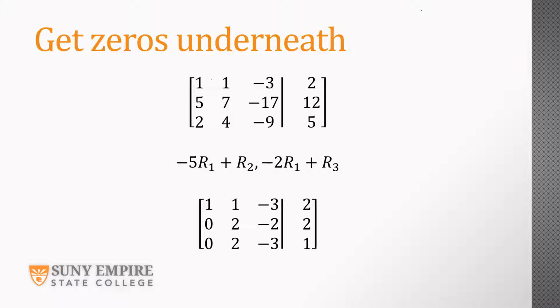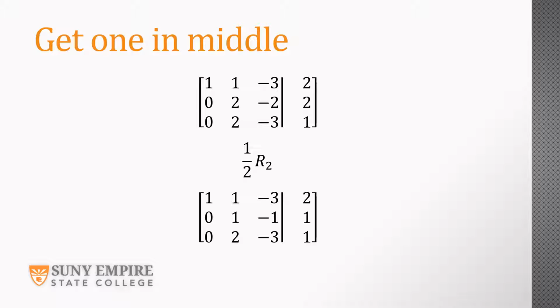In row 3, we have -2 times 1 plus 2 equals 0. -2 times 1 plus 4 equals 2. -2 times -3 plus -9 equals -3. And -2 times 2 plus 5 equals 1.